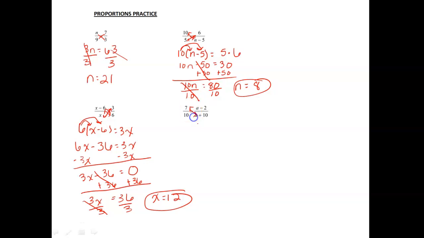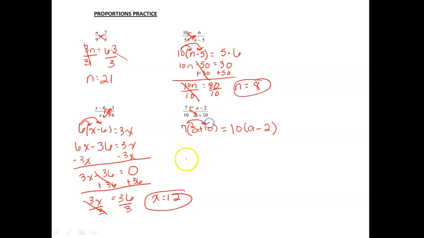is 7 times a plus 10 is equal to 10 times a minus 2. All right, we're going to cross multiply. I said cross multiply.